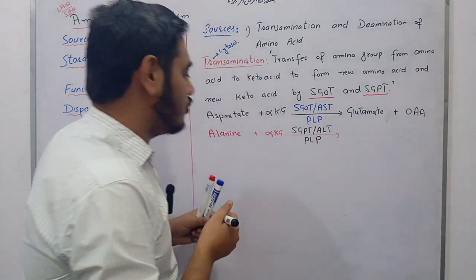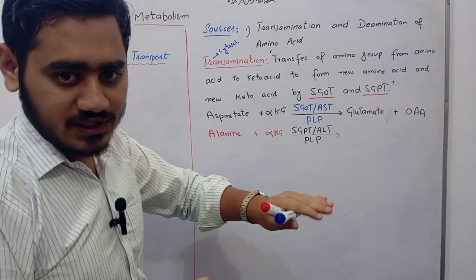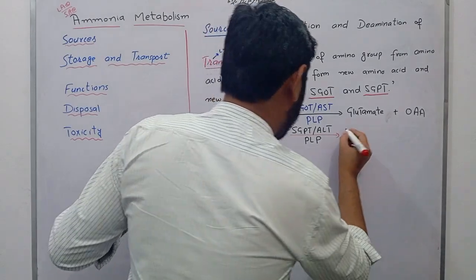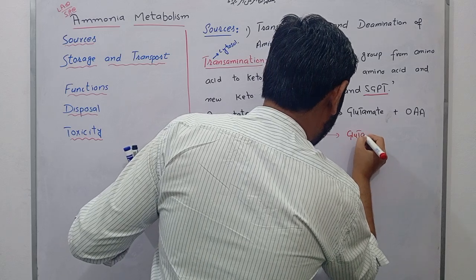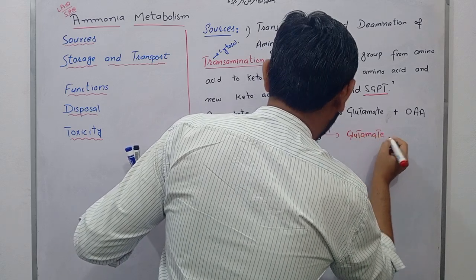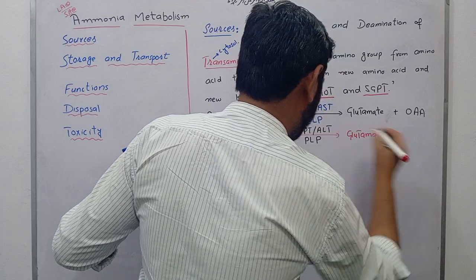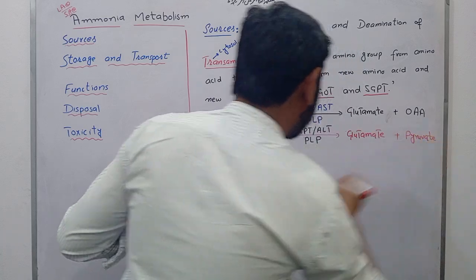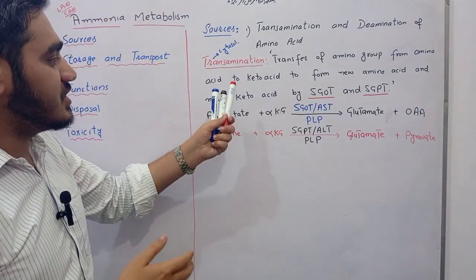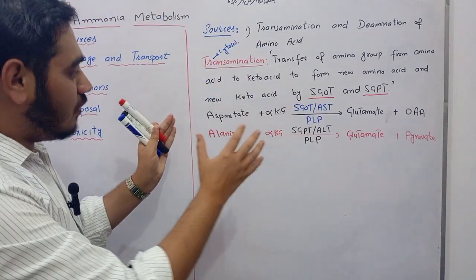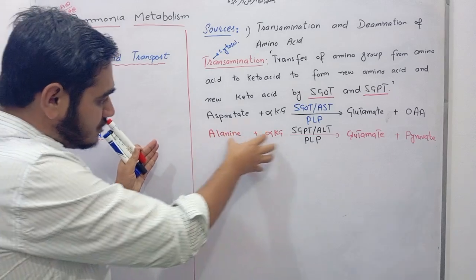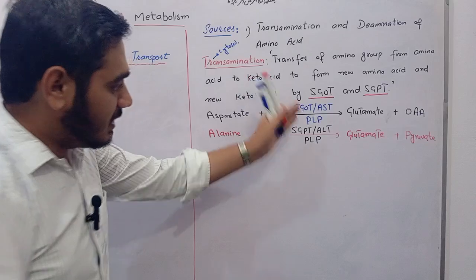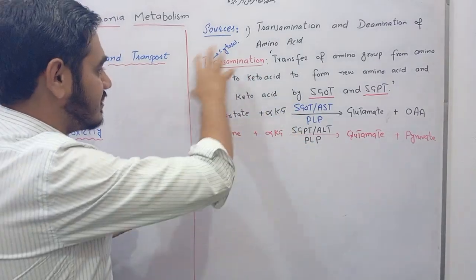This reaction also requires PLP, that is pyridoxal phosphate, and there is formation of glutamate and pyruvate. So this is the transamination process. There is a transfer of amino group from amino acid to keto acid to form new amino acid and new keto acid by this enzyme. So this is the transamination.